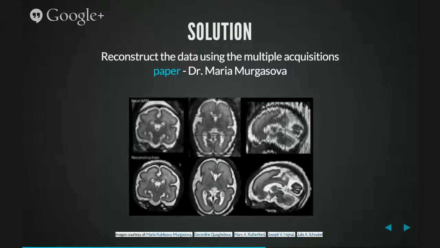And the technique we are using has been developed by Dr. Maria Murgatsova. She came last summer to visit us. I don't know if you met her, but yeah, she has been very helpful with that.